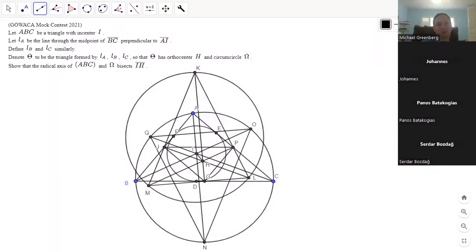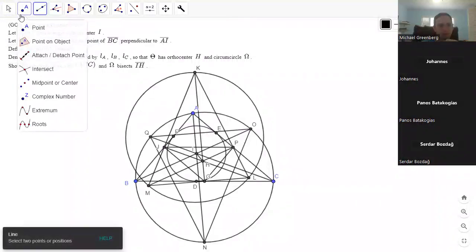KL is the Simpson line of O, and KM is the Simpson line of Q. Okay. So it can be good to intersect KL and KM with BC. Okay, KL and KN with AC. BC, KL and KM.